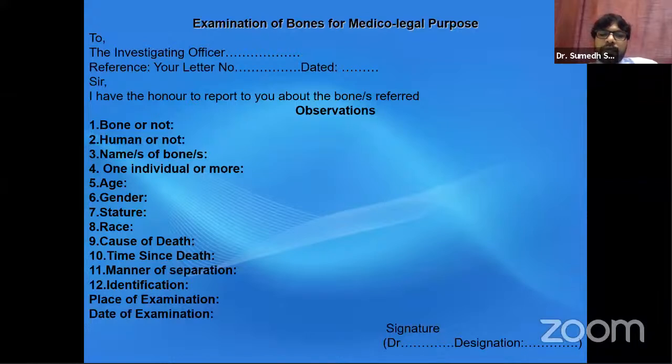Then the race can be commented on by anthropologists. Then cause of death, time since death, manner of separation, and identification, these remaining 4 points, are commented on by the forensic personnel. So we are practicing at Nair as a whole unit.